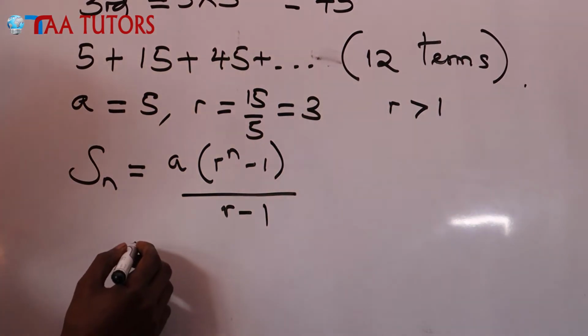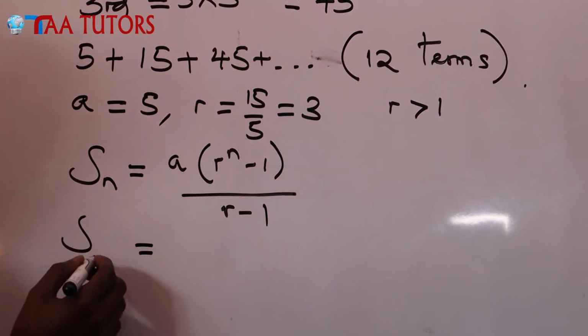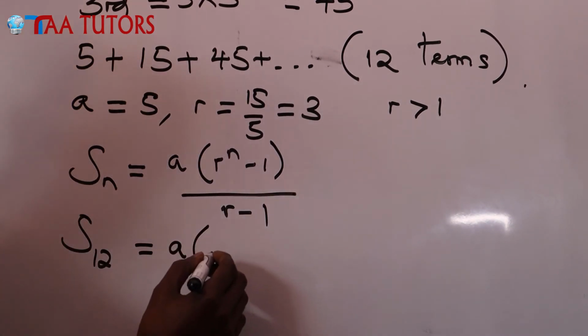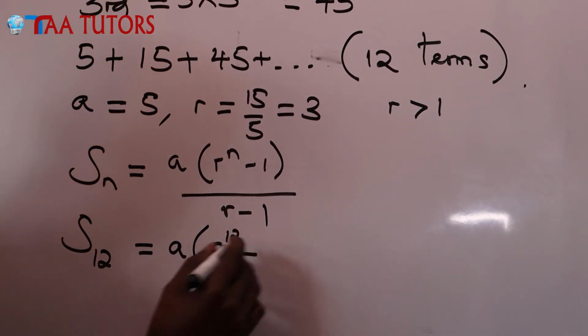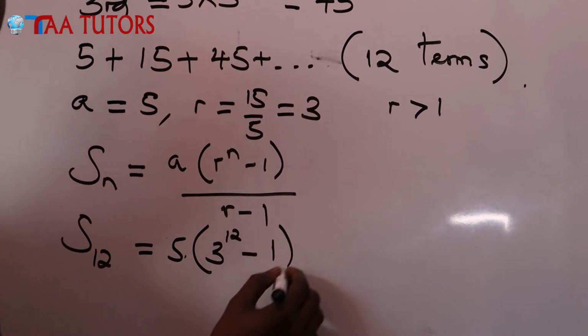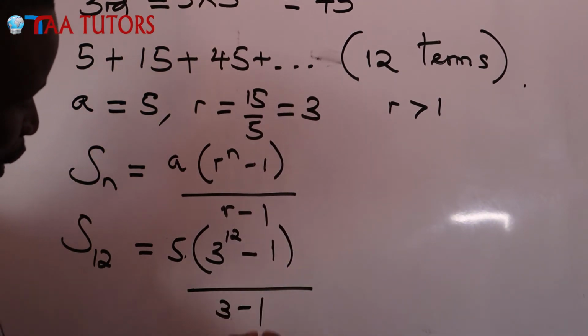So the sum of the first 12 terms will be A, which is 5, into 3 power 12 minus 1, over 3 minus 1.